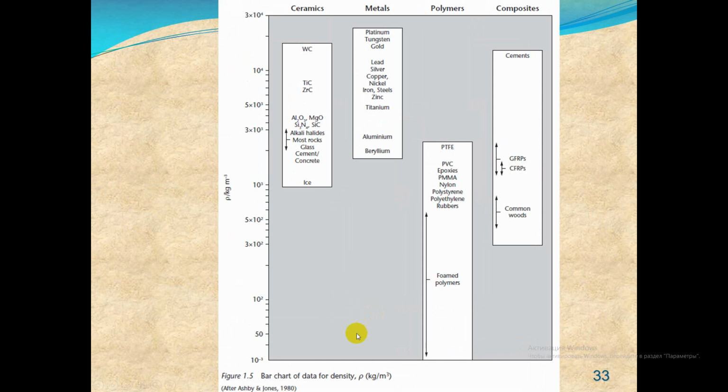When we look at the figure for density, the density values span 3 orders of magnitude, with the densest metals, platinum and tungsten, being about 1,000 times more dense than the lightest foamed polymer.